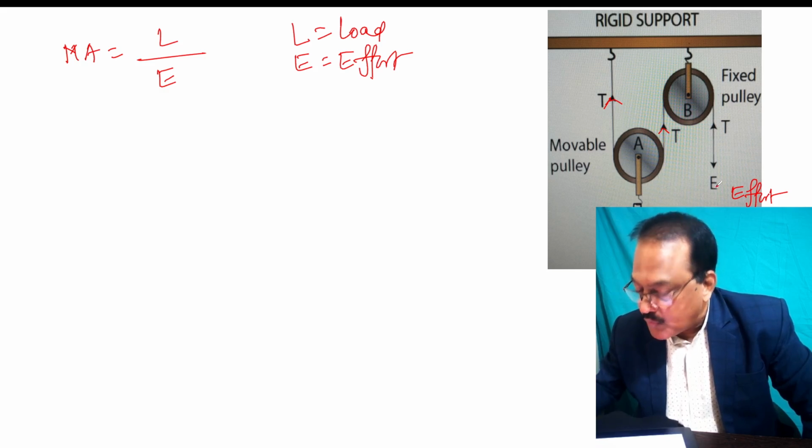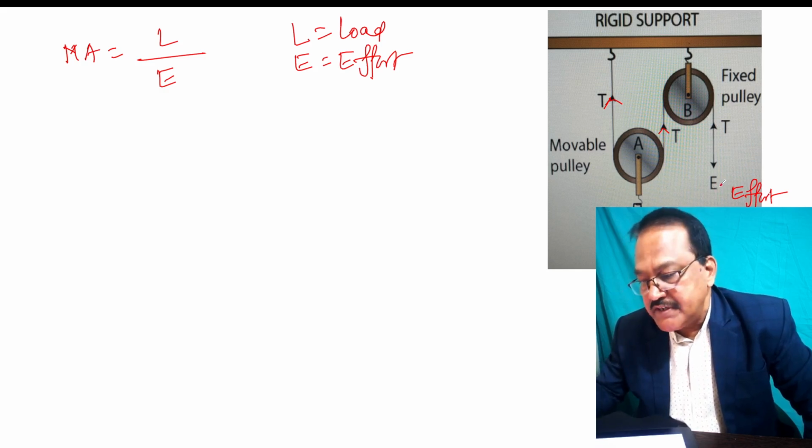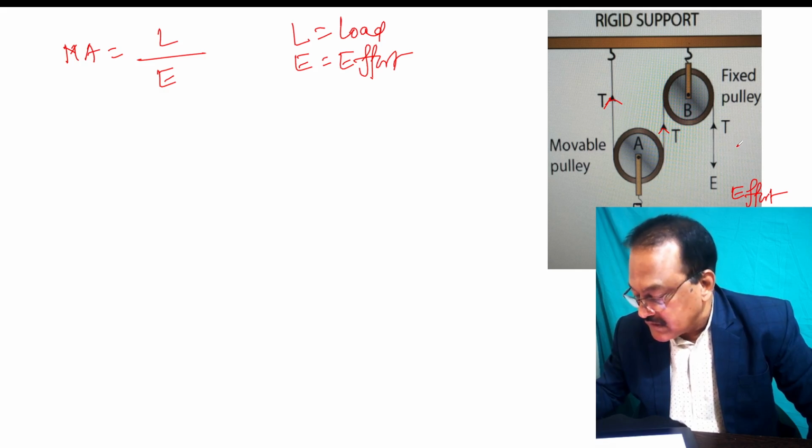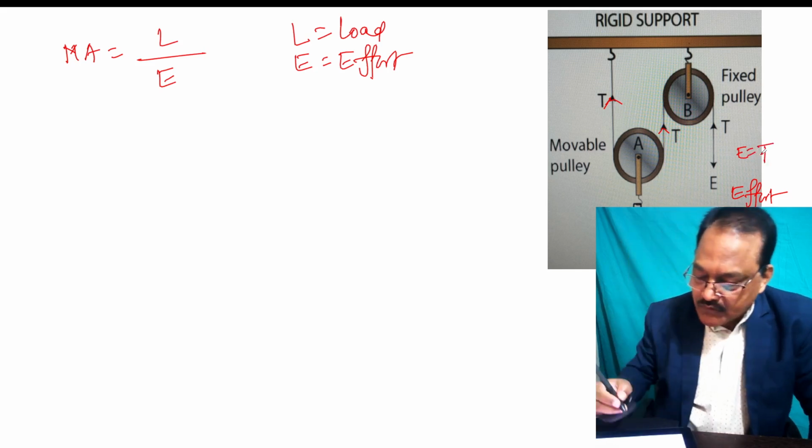Here also, when this effort is applied, I mean to say force is applied, there will be equal and opposite direction of this tension. So we can say here this effort is equal to T. Fine. Okay.